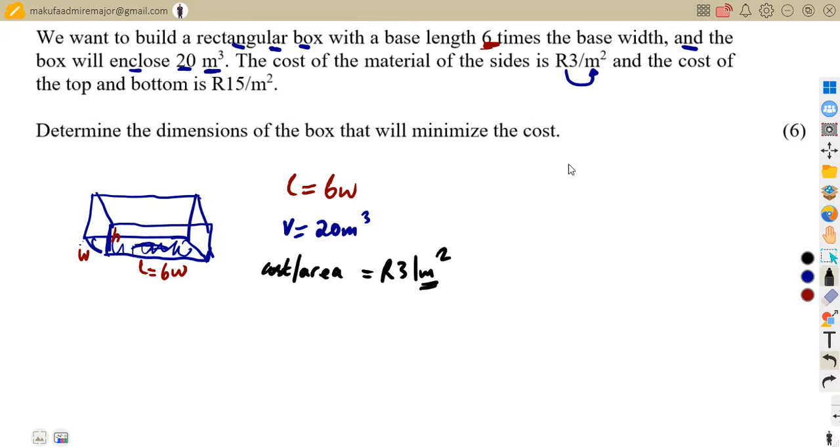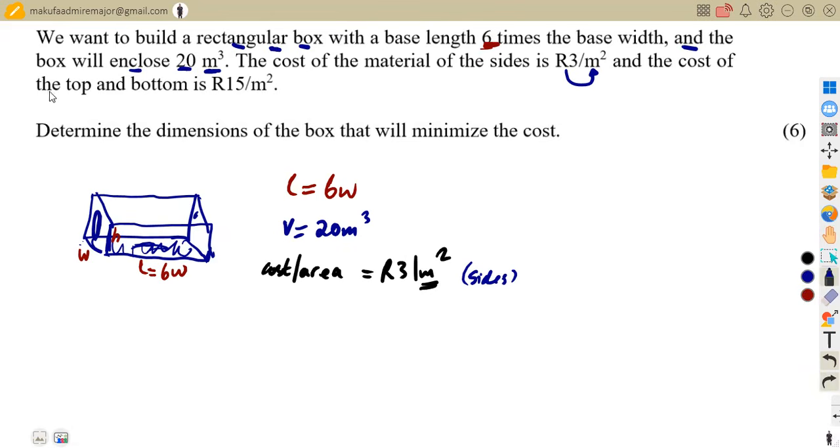And take note, this is the cost affecting the sides of the shape. The sides we're talking about are this side here, this other side, and what we see on the back, not the top. The top is left. So we are talking about the sides in this case.